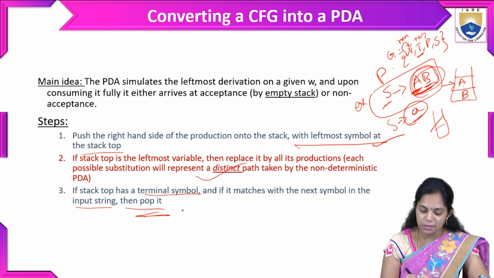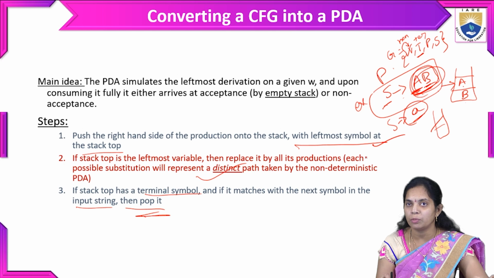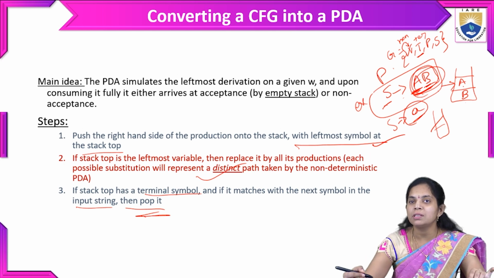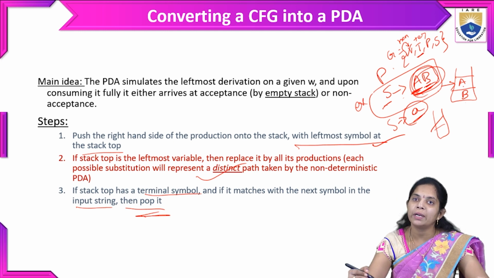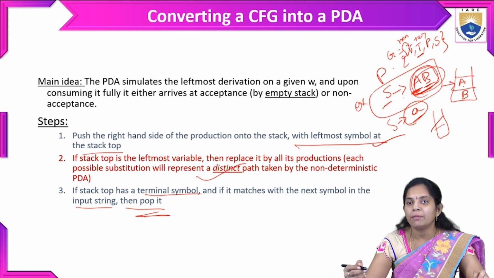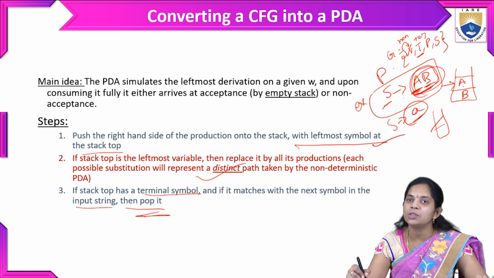So here, these are the three steps we have to follow for the conversion of context-free grammar into a push-down automata. So simply, we first take the context-free grammar, that is the 4-tuple notation. We have to write all the production rules, and based on the right hand side of every production rule, we have to place all the non-terminal symbols on the top of the stack symbol according to the rule.